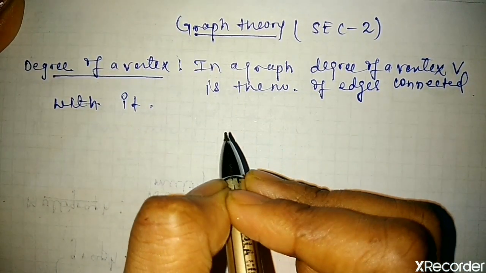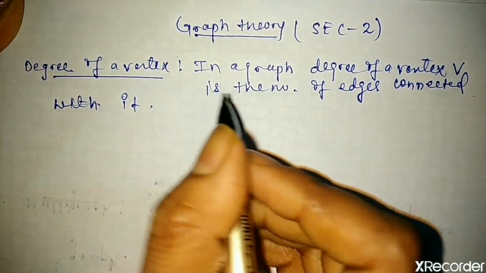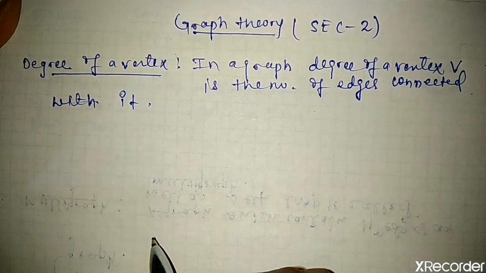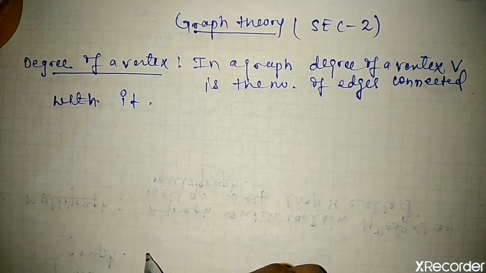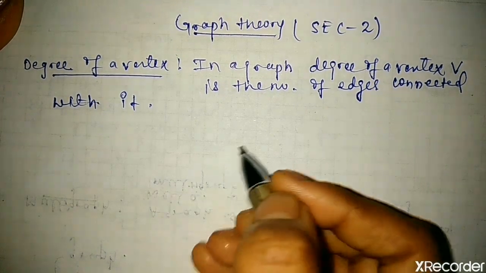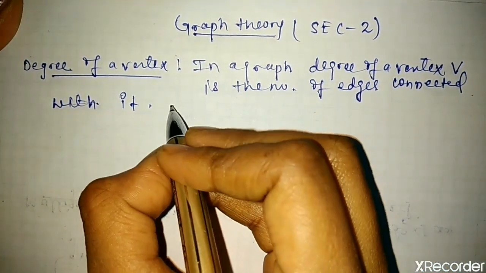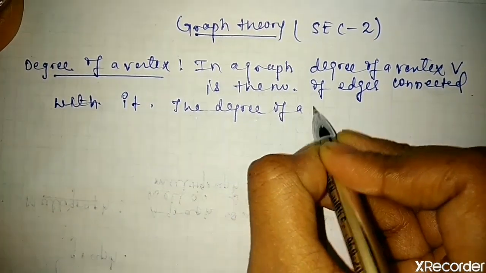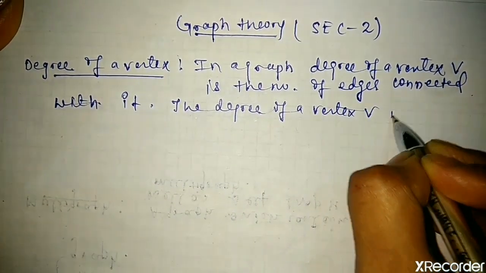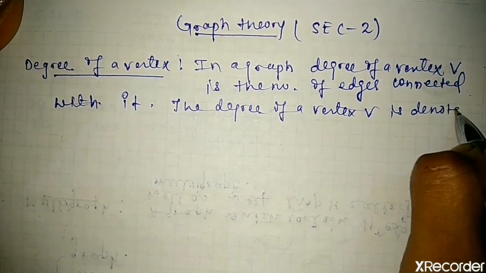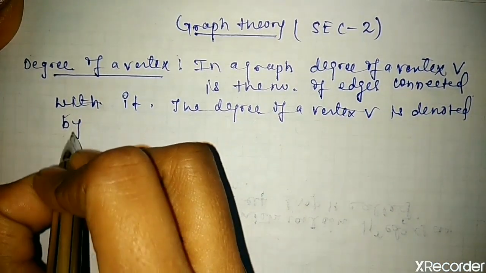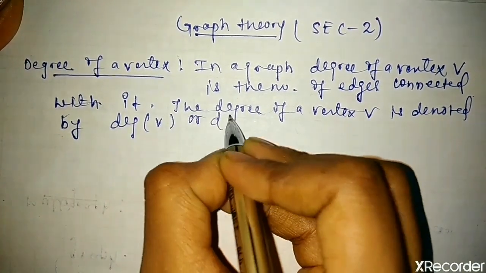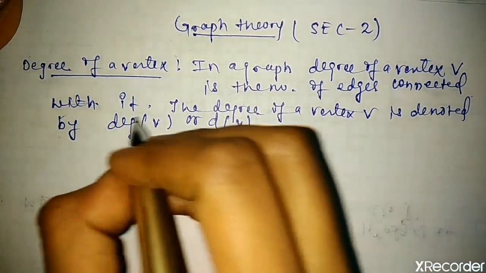That is the degree of the vertex V. The degree of the vertex V is denoted by degree of V, or somewhere it is written as d of V.